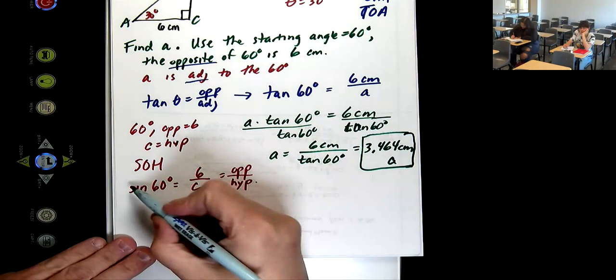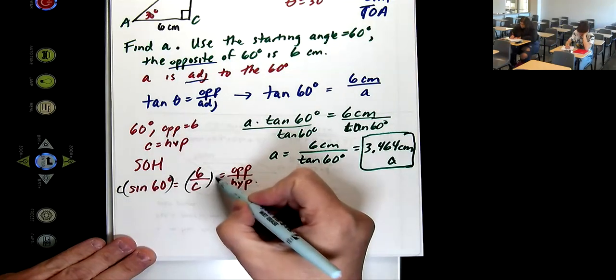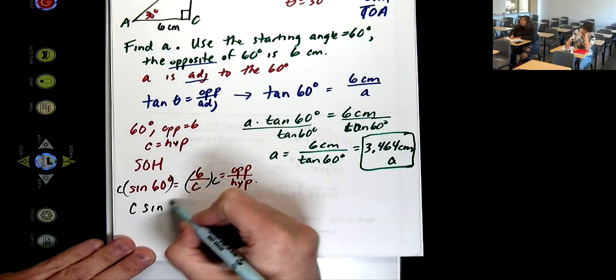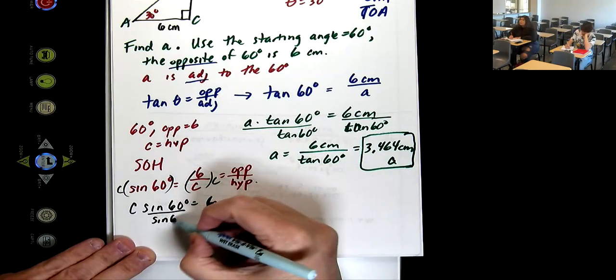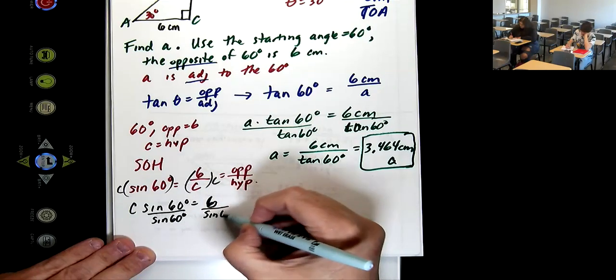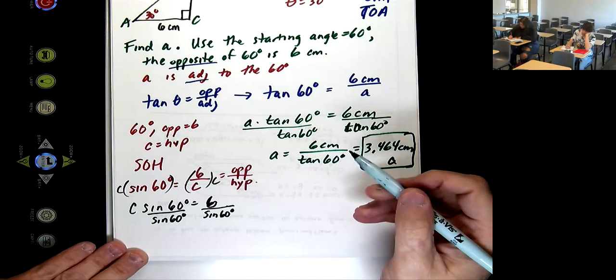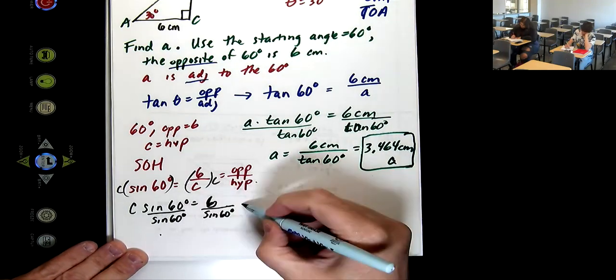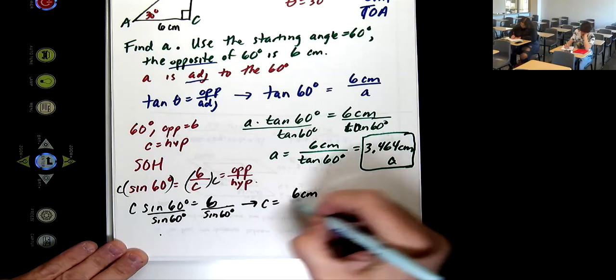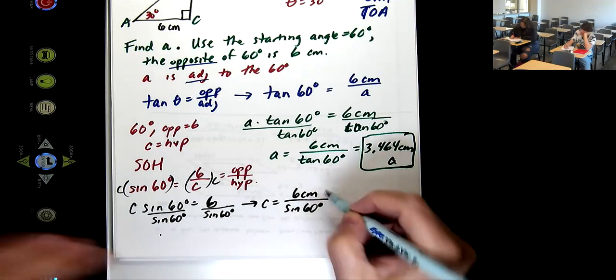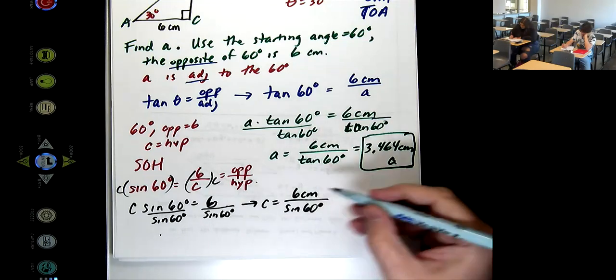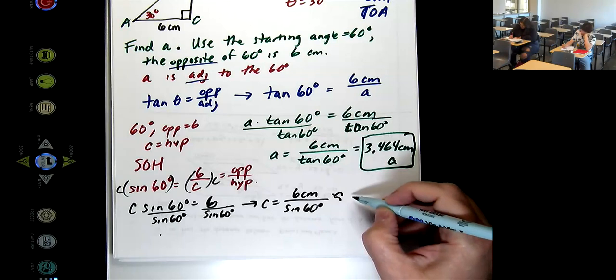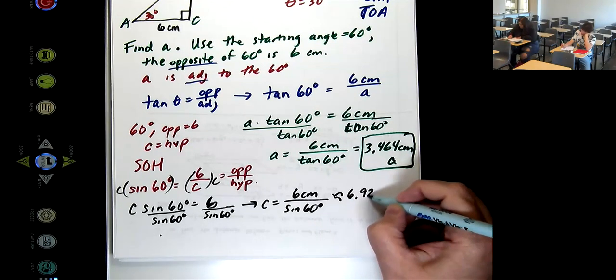If I clear the fractions, I multiply both sides by C. I get C sine 60 equals 6. And then I'll divide both sides by sine 60. And I get C equals 6 centimeters over sine of 60. That's 6.928 centimeters.